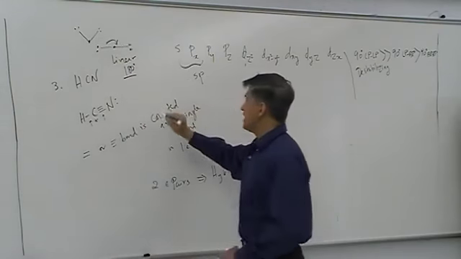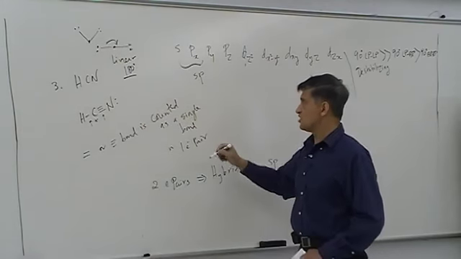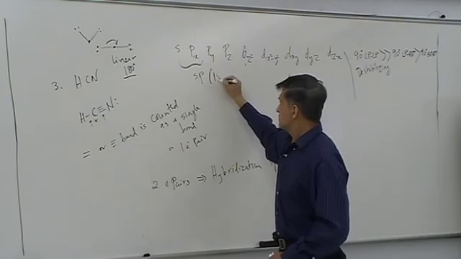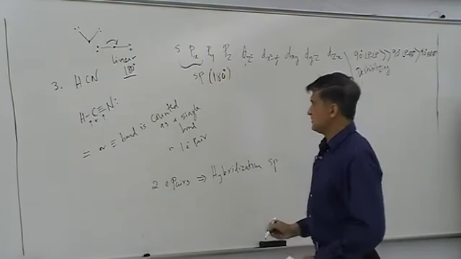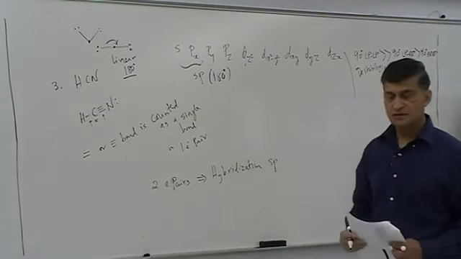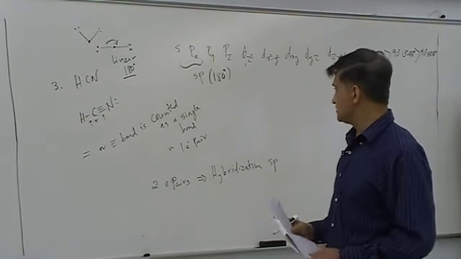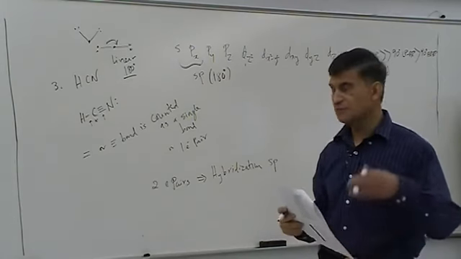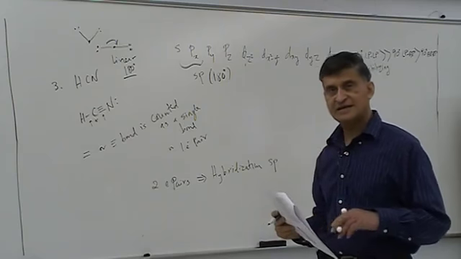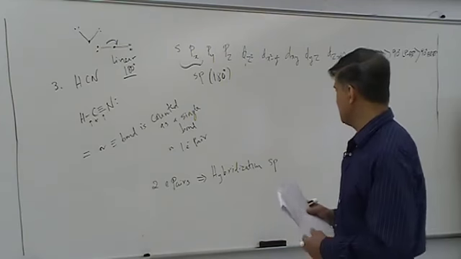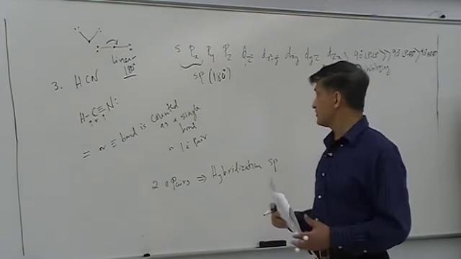So sp hybridization with two pairs of electrons would have a 180-degree angle. So always keep that in mind. In a future organic chemistry course also, it's important to know. sp goes with 180, sp2 goes with 120, sp3 goes with 109.5.